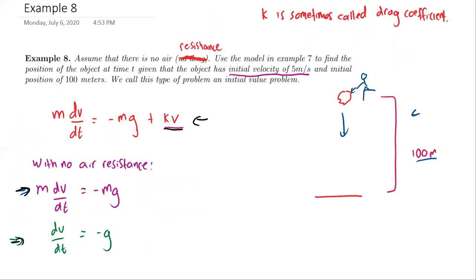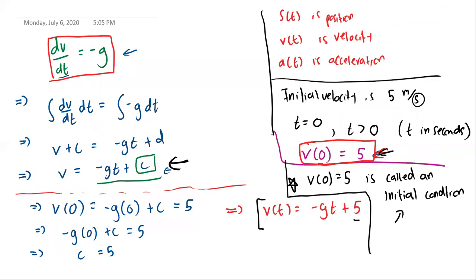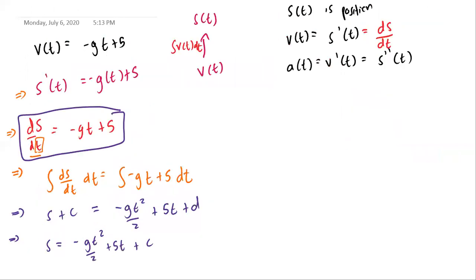Now, we're given more information though. We're given that the initial position is 100 meters, which I drew in my diagram here, but we actually haven't used it in anything here. Right? We haven't used that initial condition. We used the initial condition that the initial velocity is 5. We haven't used the initial condition that the initial position is 100.